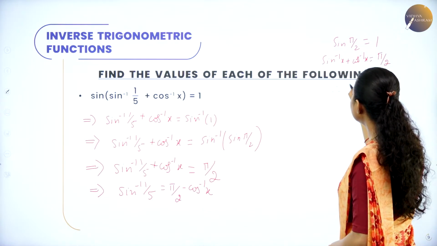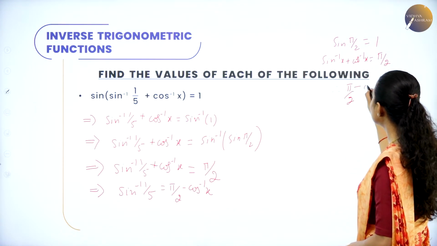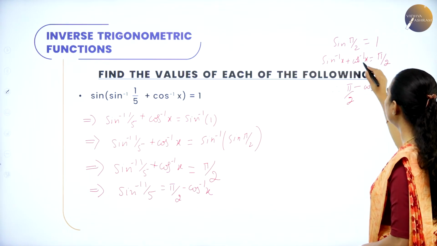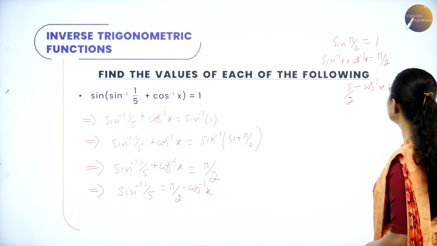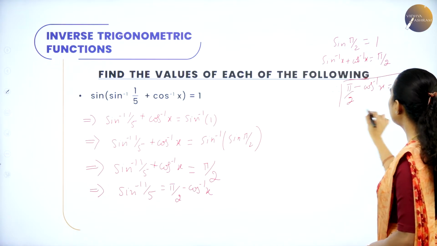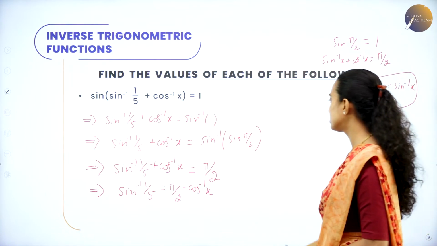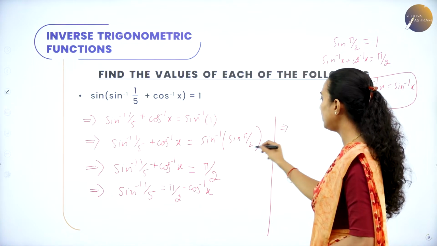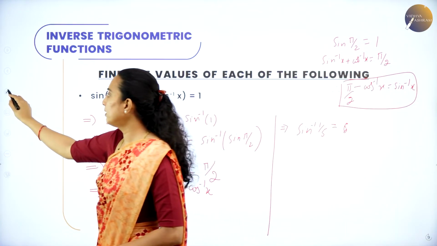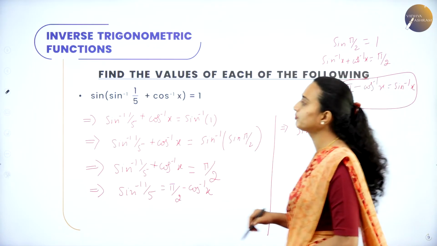Therefore, pi by 2 minus cos inverse x, bring this to the other side, it becomes sine inverse x. Substituting this, pi by 2 minus cos inverse x as sine inverse x, I can write sine inverse 1 by 5 is equal to sine inverse x.